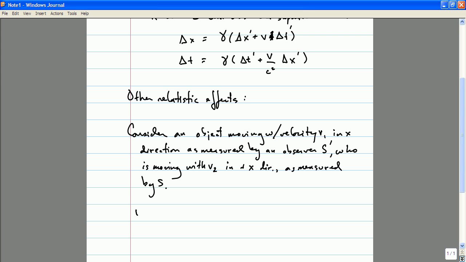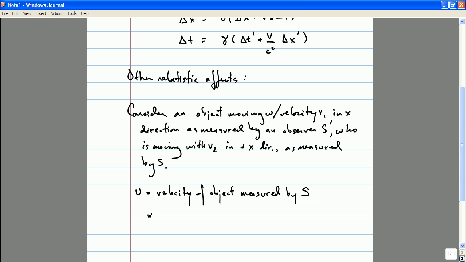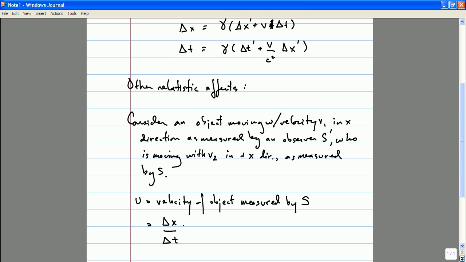So in order to compute this velocity, the velocity u of the object as measured by me, observer S, well, if I choose two events along the trajectory of this object, then u should be the distance traveled divided by the amount of time it takes the object to travel that distance, as measured by me, which will be related to the time separation and spatial separations measured by you in your frame S prime by these two Lorentz transformation laws.